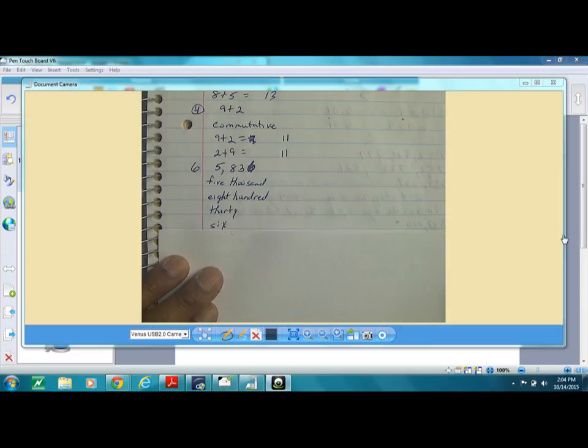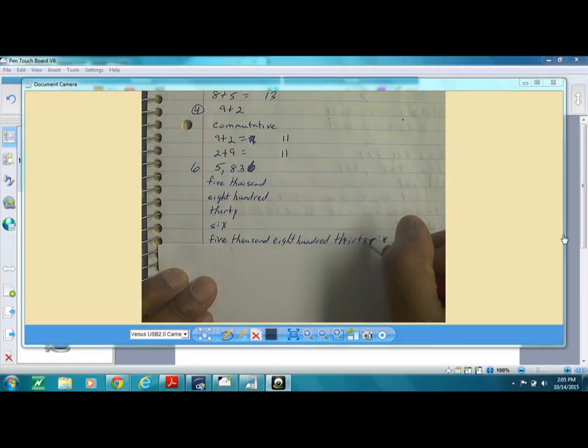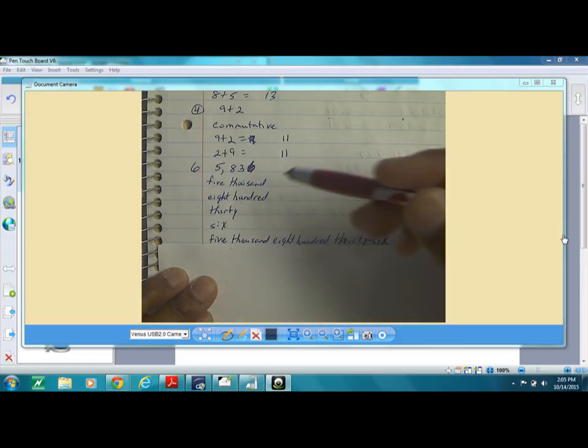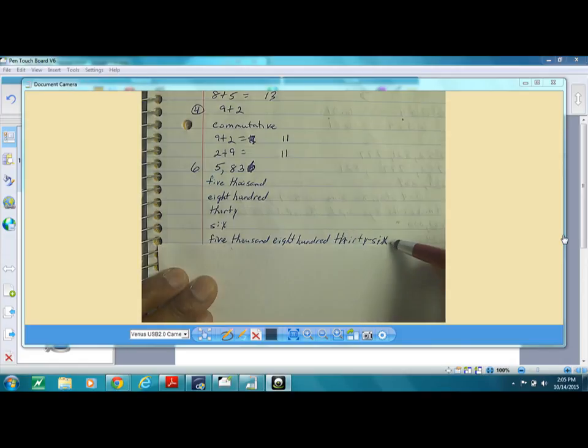So what does that look like when you put it all together on your paper? I would like you to write on your paper the answer, which looks like this: 5,836, and there should be a dash between the 30 and the 6. So this number written in word form is 5,836.